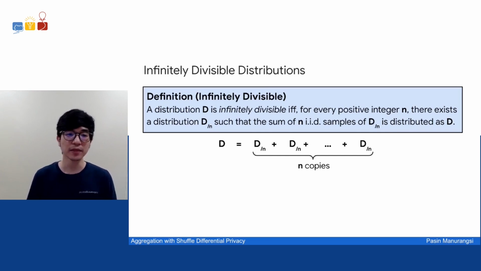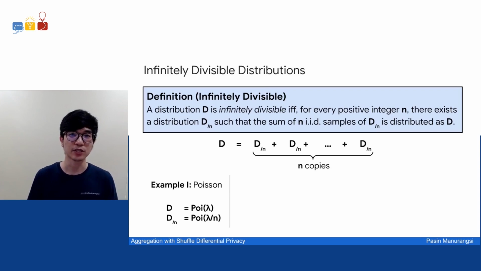So before I continue, let me note that there are many distributions that are infinitely divisible. Perhaps the one that you might have heard of is the Poisson distribution. If you take two independent Poisson random variables and sum them up, then their parameters, their means, add up. And in this case, what this means is that if you start with a Poisson with parameter lambda, then you can infinitely divide, and D divided by n will just be dividing the parameter by a factor of n.